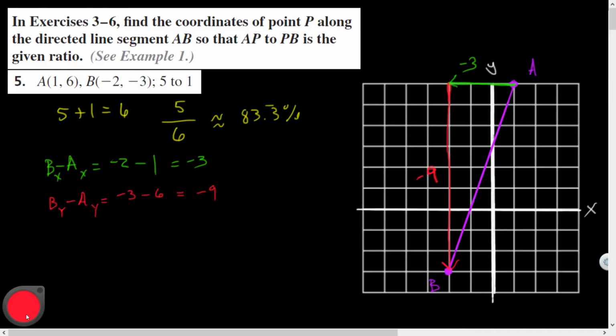Okay, now here's a property that we've got for our point P. It turns out if I can find 83.3% of this -3, and go down 83.3% of -9, I will get a similar triangle.